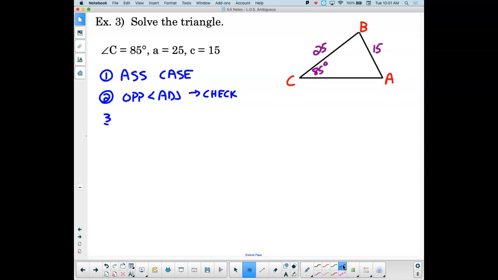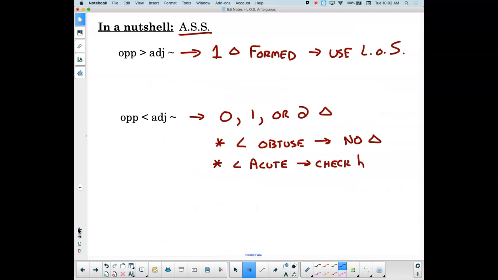First check we got to do is our angle. Is it acute? The given angle? Yep, that's acute. So when the given angle is acute, that means we have to check the height of our triangle.